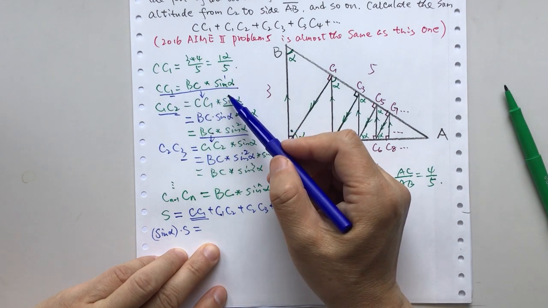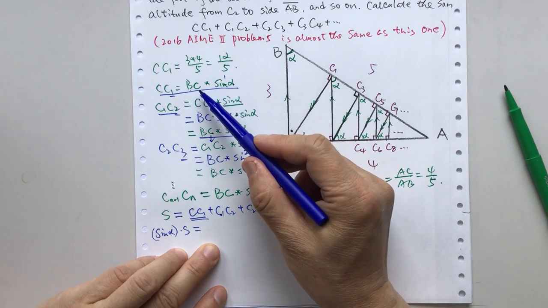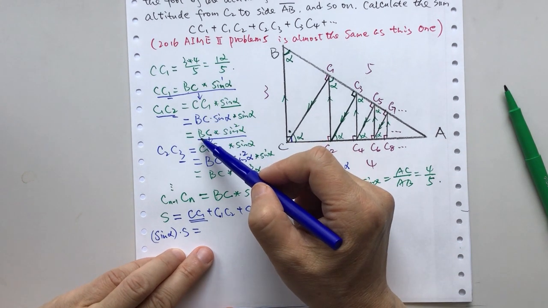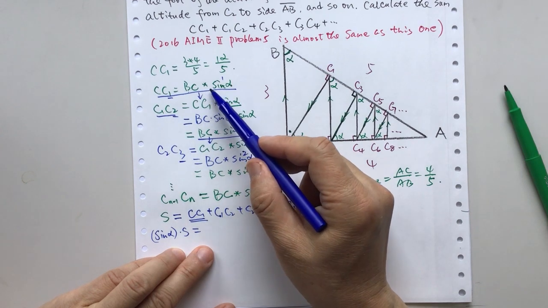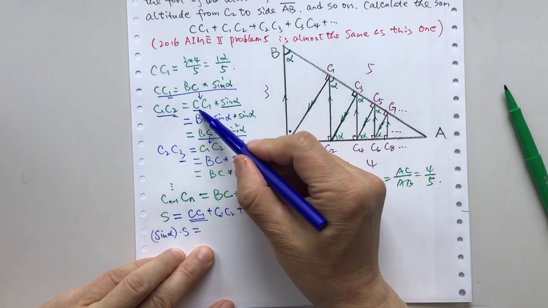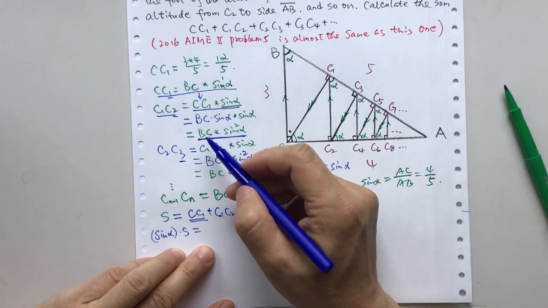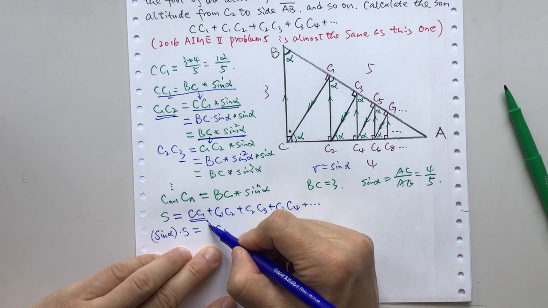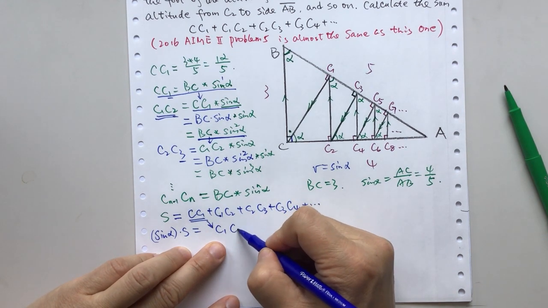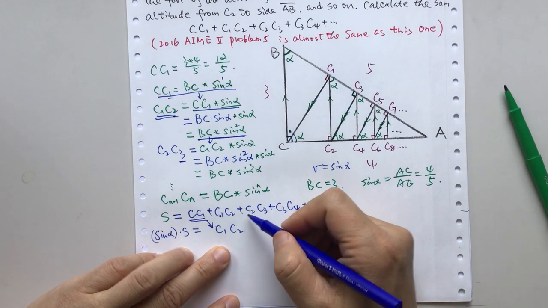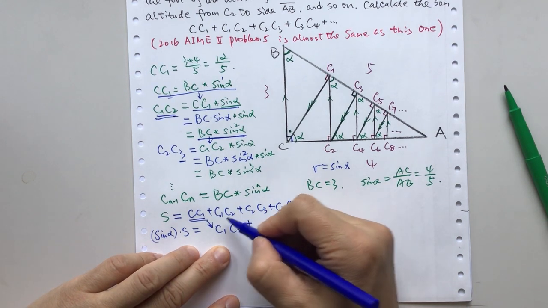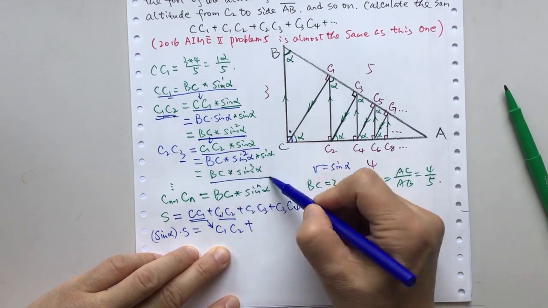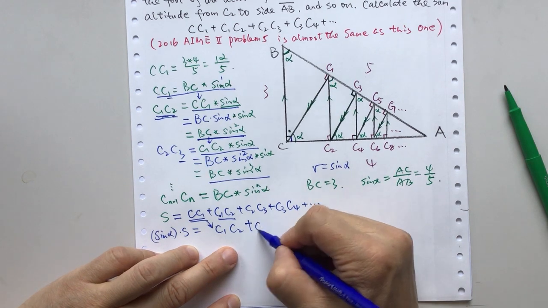C1 times sine alpha equals C1C2, right? C1C2 times sine alpha, this one, and C2 times sine alpha is C2C3.